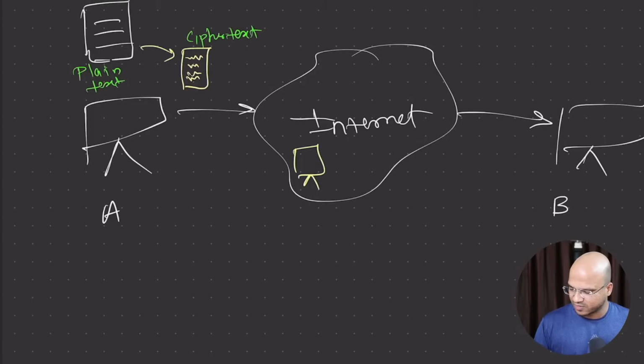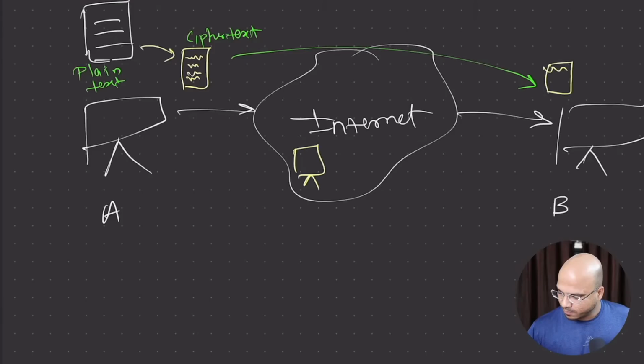Now this ciphertext goes to the client location over the internet, and on the client side the receiving person also will not be able to read the message, because it is a ciphertext. So we have to convert that into plain text again.